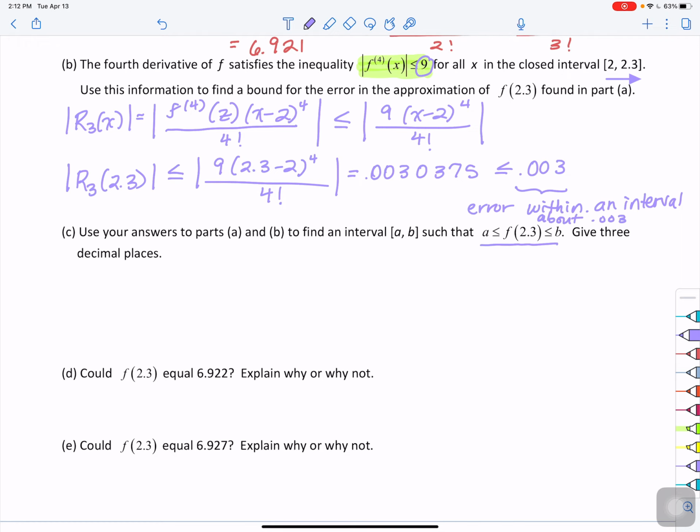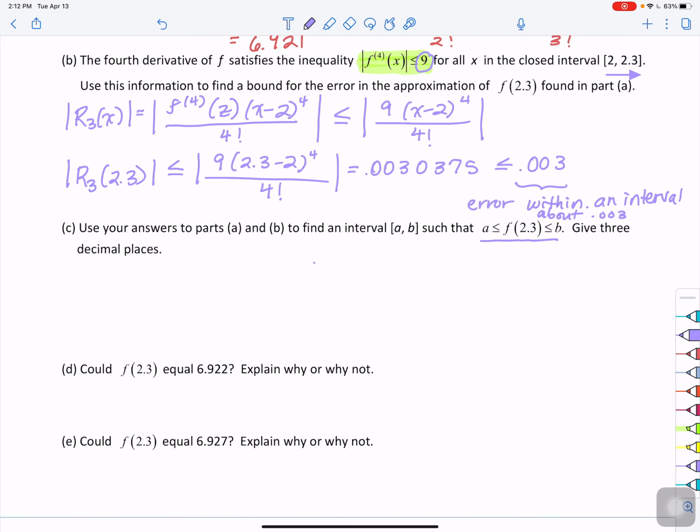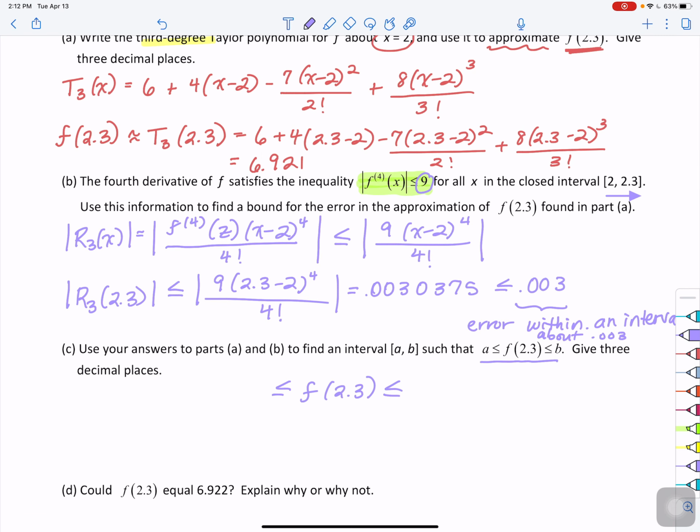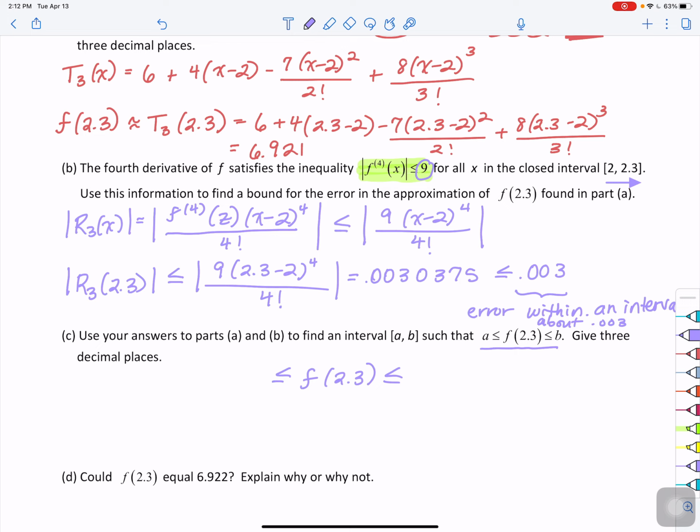Okay, so what could we do? We could say f of 2.3 is somewhere in between, and so now what we're going to do is take our value here, our approximation 6.921, and we're going to add 0.003 to that.